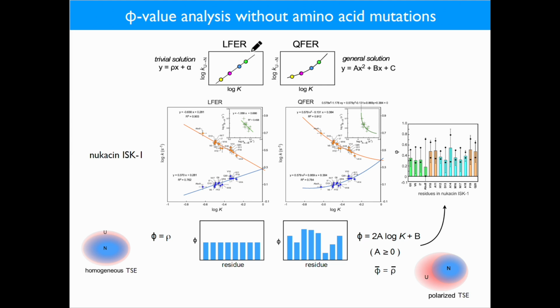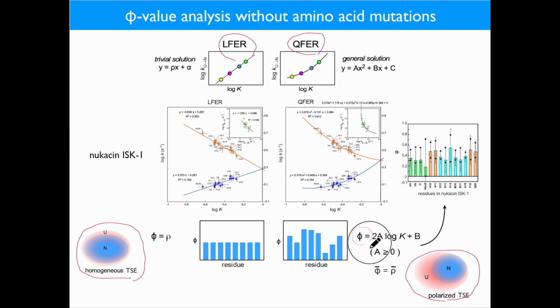In the left panel, the Newcastle data was analyzed by LFER, two straight lines here, and in this case phi is constant. So this represents the homogeneous TSE. When we analyze the data using QFER, we can obtain the variable phi as a function of residue number, and this represents a polarized TSE.